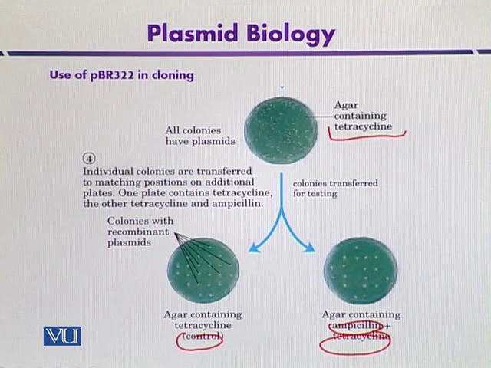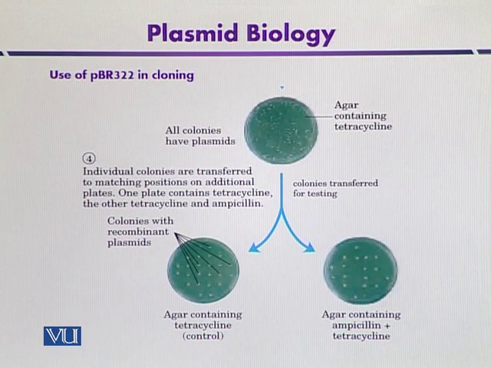But tetracycline pressure is also there, so they will only grow here. So only those microbes that contain foreign DNA will be able to survive on tetracycline medium in the presence of ampicillin. So this is the strategy by which we can select our transformants by using pBR322 as a cloning vector.